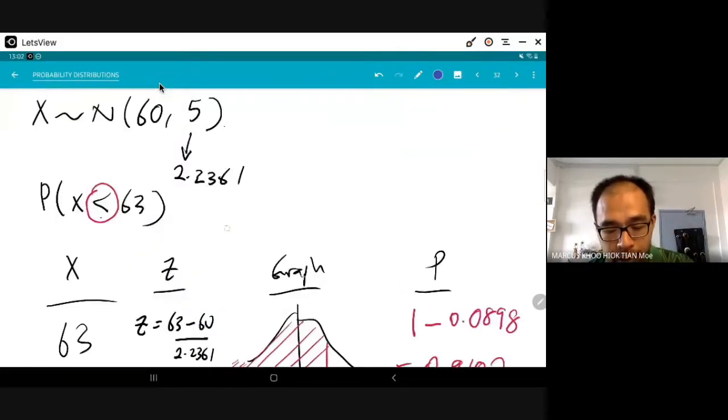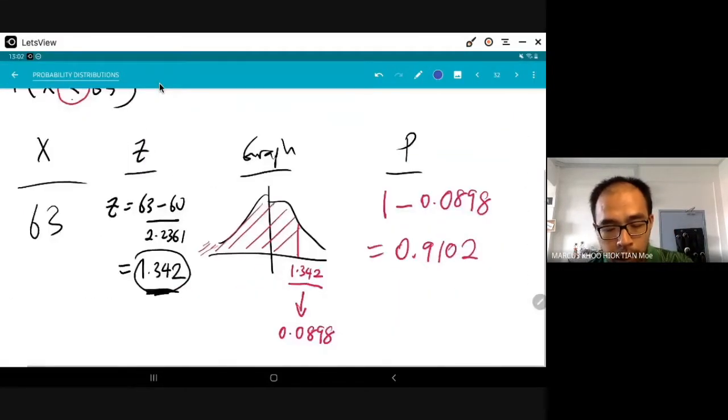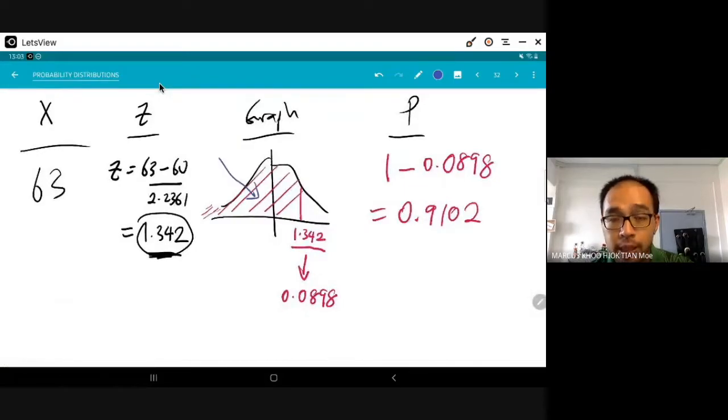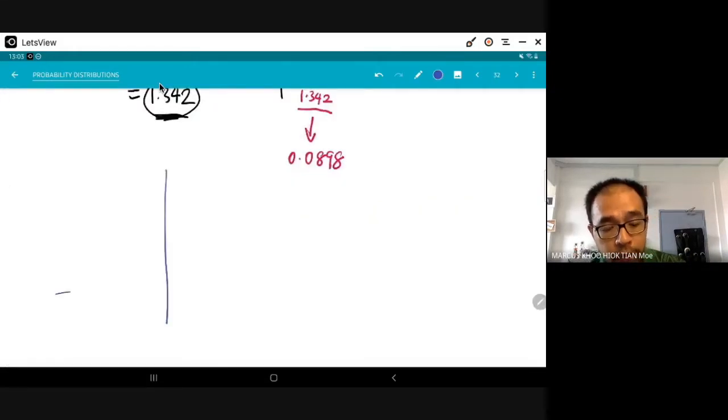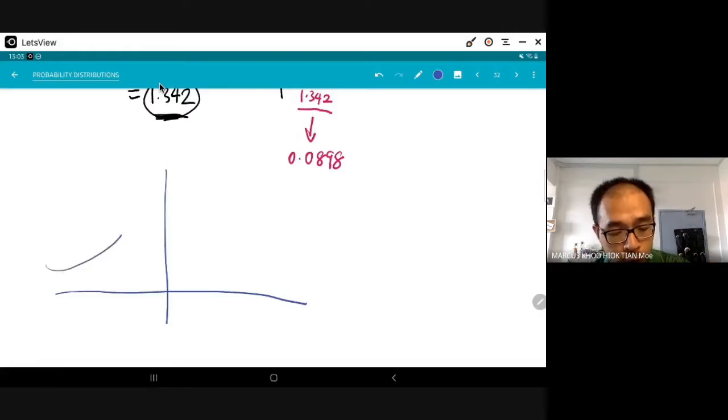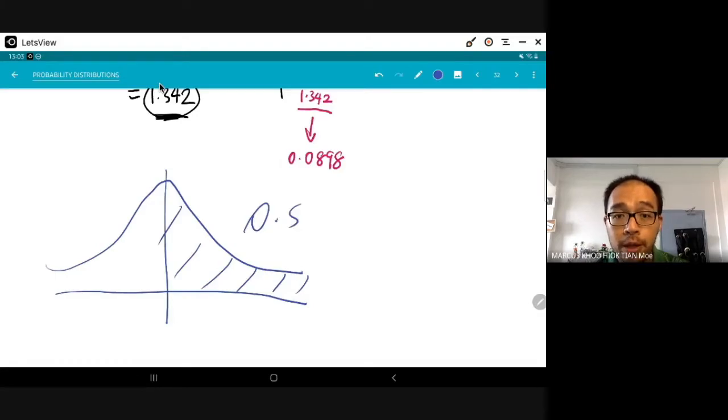That's why in this situation, we cannot count this probability directly using the table, because the table can only give us values for probability that is less than 0.5. This one, you can see its area is definitely more than 0.5, because one of the characteristics of the normal distribution graph is this side is 0.5 probability and the other side is 0.5 probability.